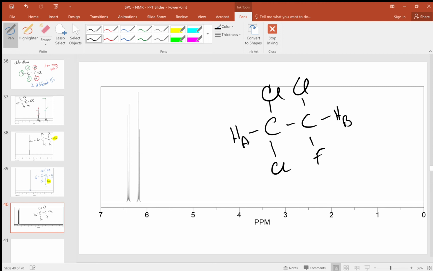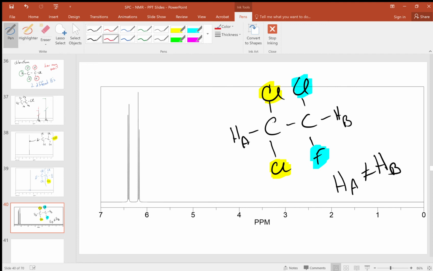Now I think we can see here fairly easily that HA is not equivalent to HB. And that's because one of them is on a carbon that has 2 chlorines, while the other one is on a carbon that has 1 chlorine and 1 fluorine. And so this molecule is not symmetric anymore.